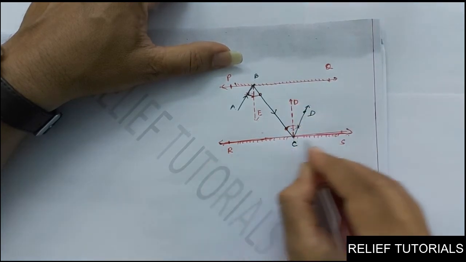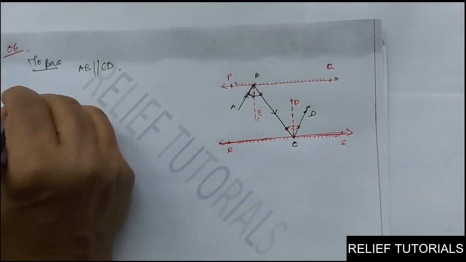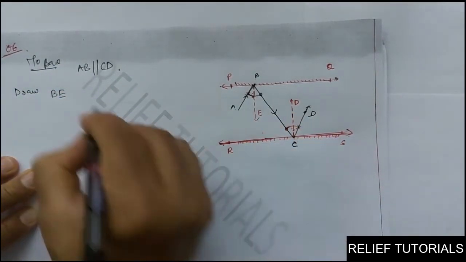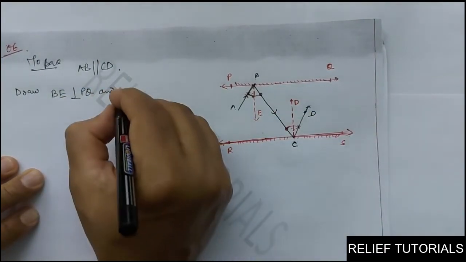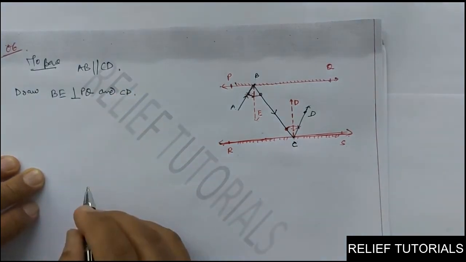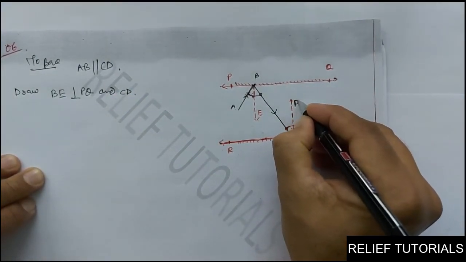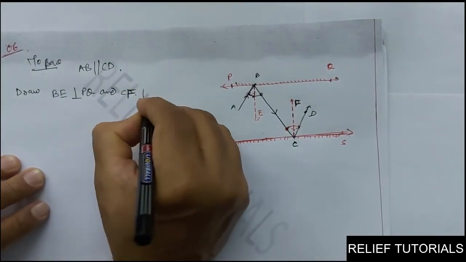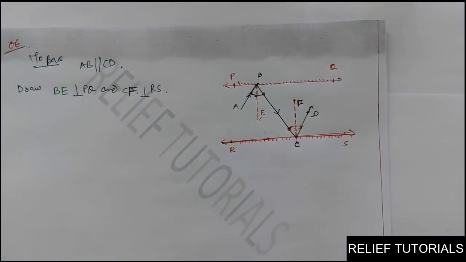Line CD is perpendicular to RS. So this is the construction I have done. Draw B perpendicular to PQ, and for the other, sorry, D is already there, so we will take CF. Draw CF perpendicular to RS. Okay, so this is the construction we have done.